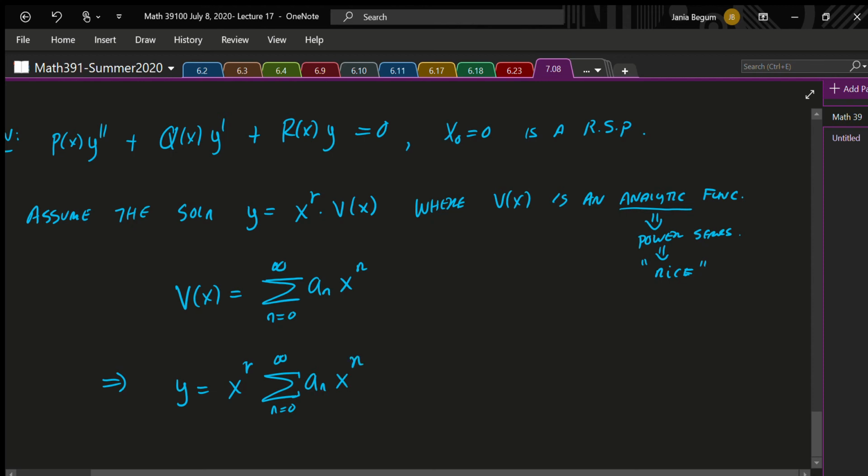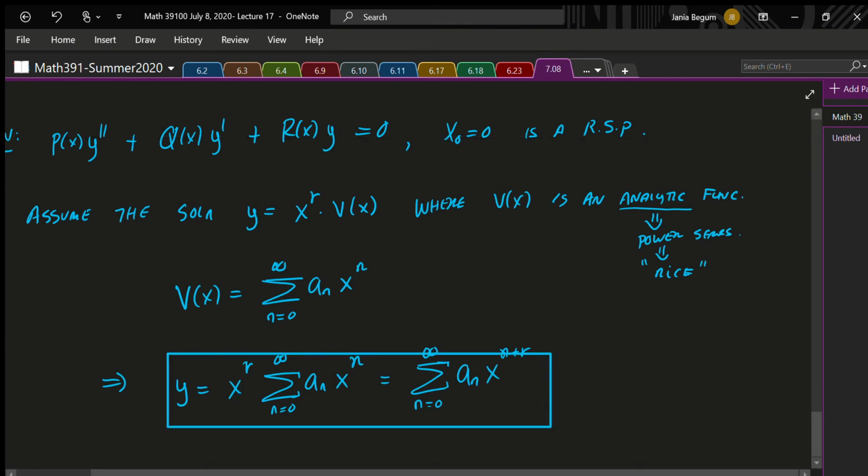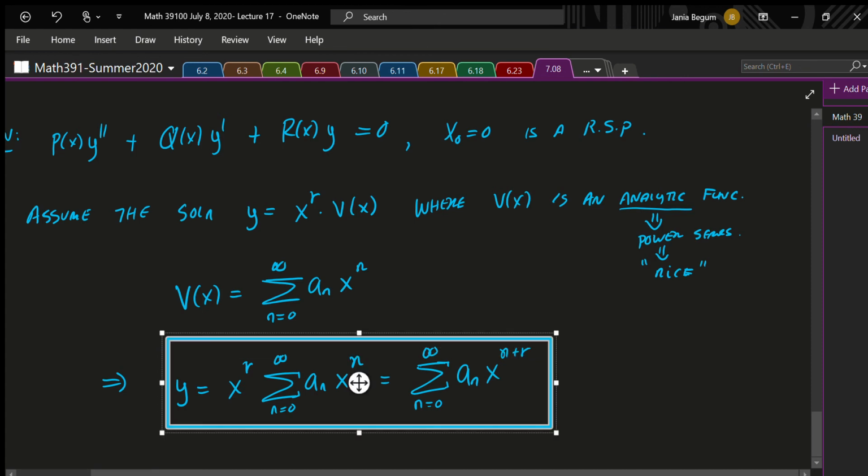You can leave it like this, but for simplicity, we're going to push x to the r inside the summation and combine it with x to the n. So we have the sum from n equals 0 to infinity a n x to the n plus r. That's how the solution form would be if we're working with a series solution near a regular singular point.